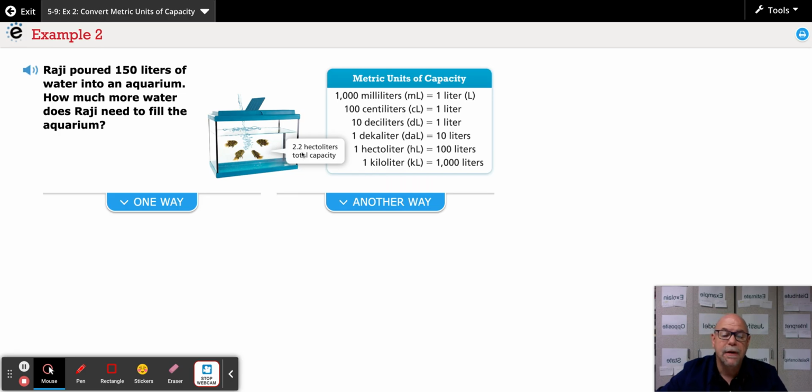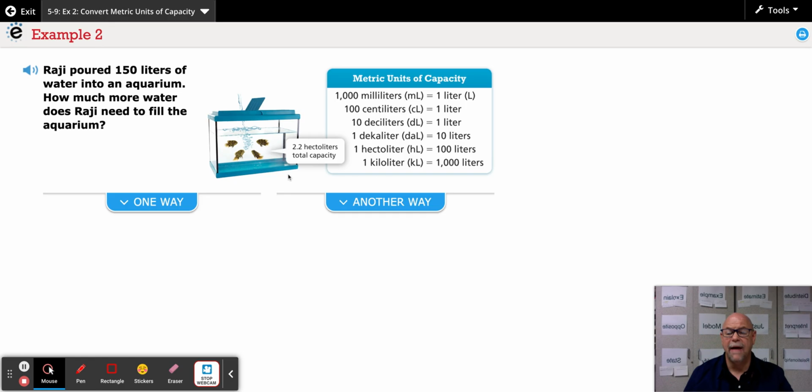Notice the picture gives us some more details. The total aquarium holds 2.2 hectoliters of total capacity, right? So here's our King Henry, right? If we start here, King Henry died unexpectedly. They don't have the unit here, drinking chocolate milk, all right?